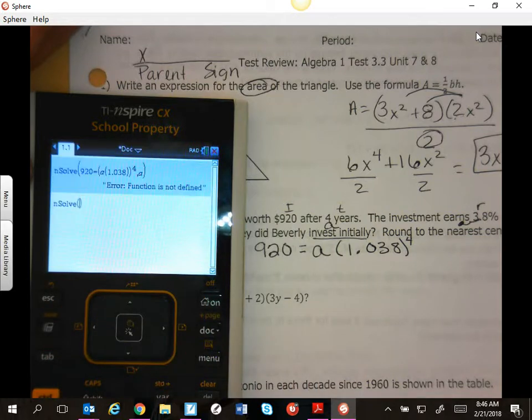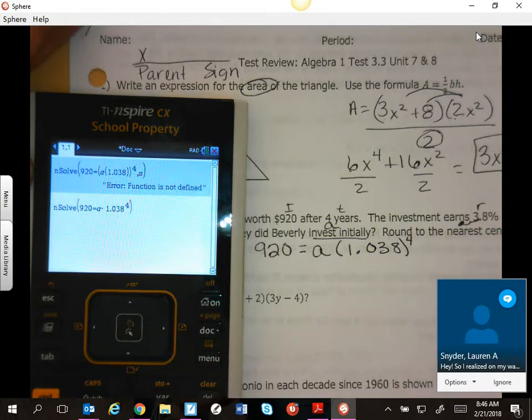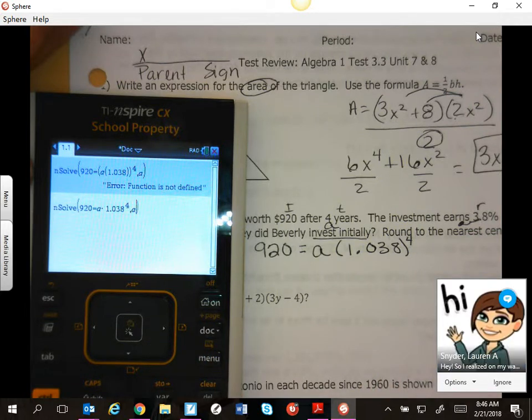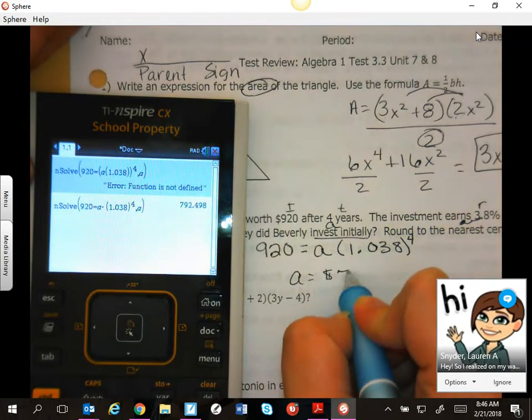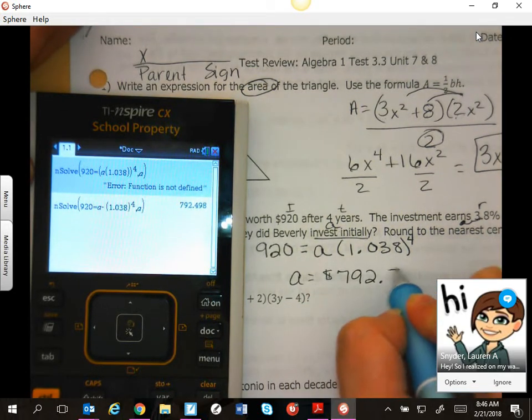Try that again. 920 equals A times 1.038 to the 4th, comma A. I had too many parentheses in there. So her initial investment was $792. We'll call that 50 cents.